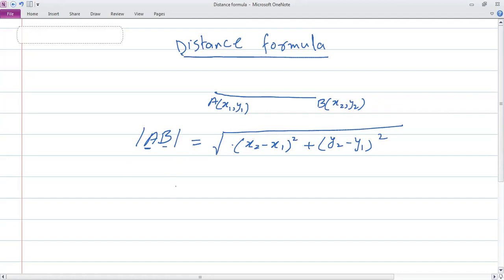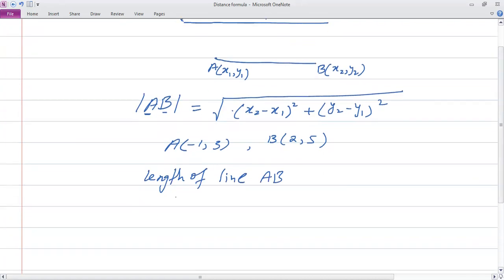Suppose the coordinates of A are minus 1, 3, the coordinates of B are 2, 5, and you have to find the length of line AB. Let's use this formula.